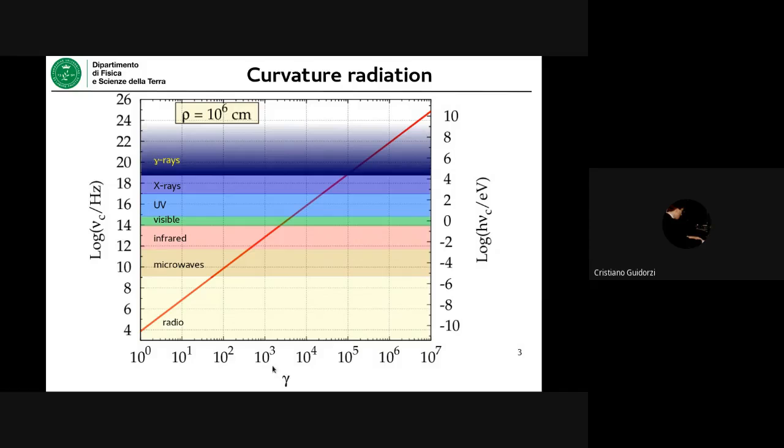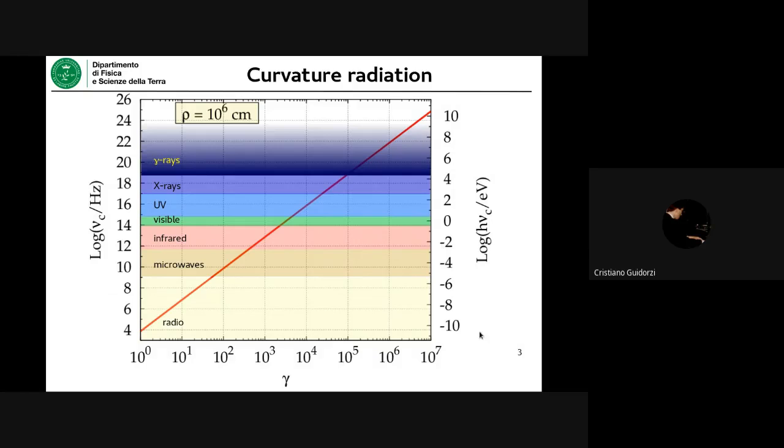Well, if you have an electron whose Lorentz factor is, for example, 1000, it means that for an object like a neutron star with a curvature radius of the order of 10 kilometers, an electron like that will emit in the infrared at this critical frequency.